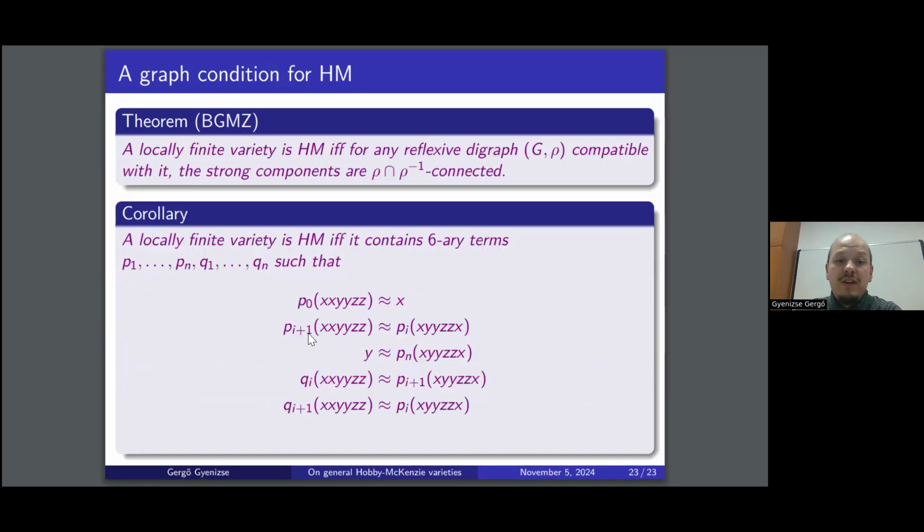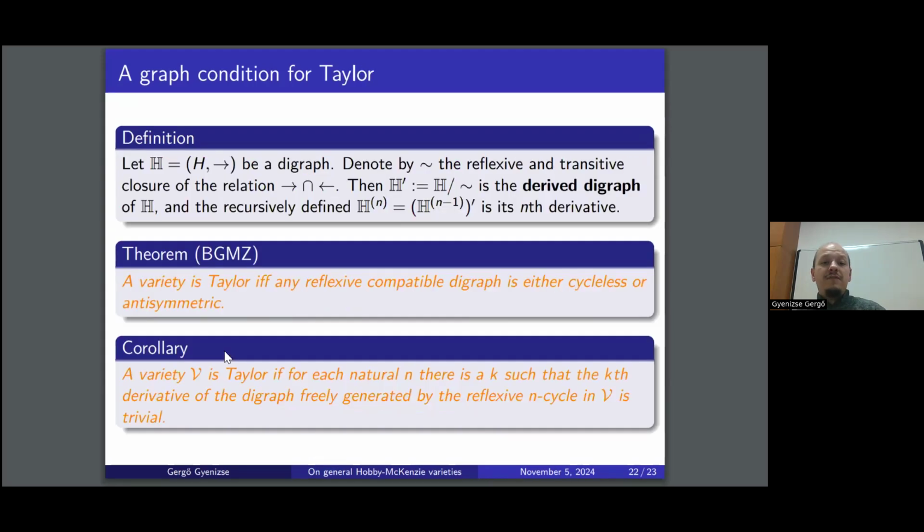And for HM, we have a similar condition, but we could only prove it for the locally finite case. So the condition is that if we take a strongly connected digraph and do this derivation operation, then we get the trivial graph.